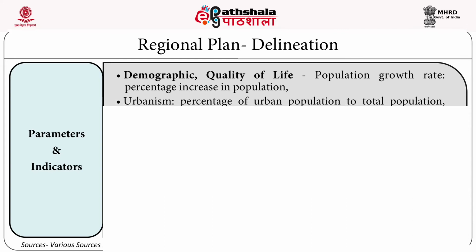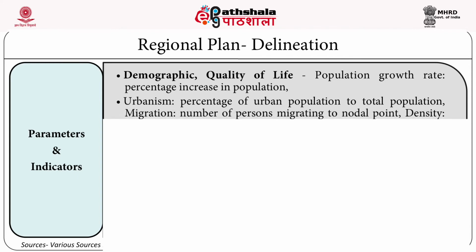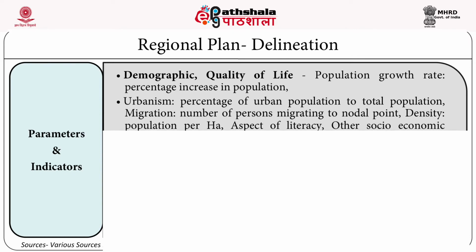So we first have to know the growth rate of these settlements and the percentage increase in their population. We have to know the percentage of urban population to total population, that is the urbanization rate in this area.